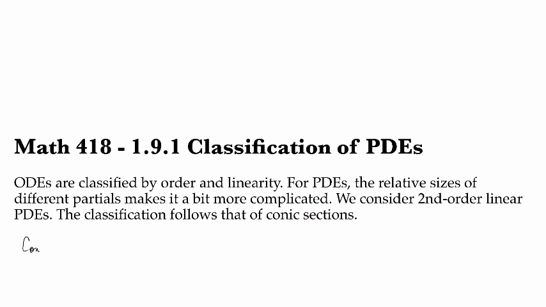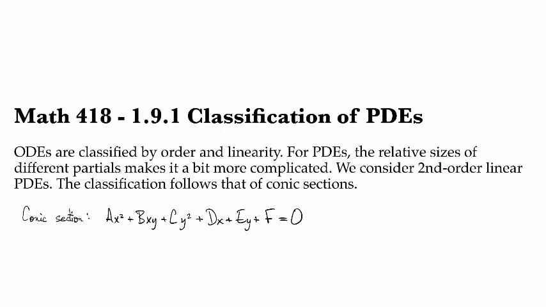So a conic section is, in its most general form, ax squared plus bxy plus cy squared plus dx plus ey plus f equals 0. And so this is a second order polynomial in two variables.